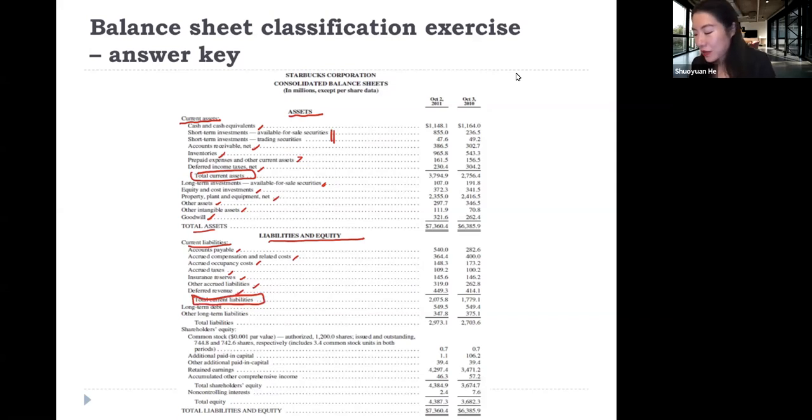And then after current liability, we go to long-term debt, which is a long-term liability, and other long-term liabilities. This finishes the liability section. And then after that, we have shareholders' equity, which includes common stock, additional paid-in capital, other additional paid-in capital, retained earning, accumulated other comprehensive income, and then non-controlling interest. So this is the way to arrange a balance sheet.